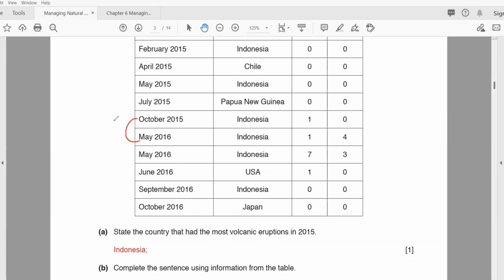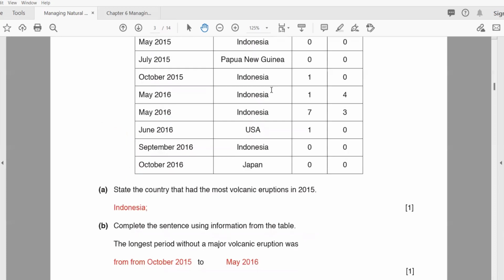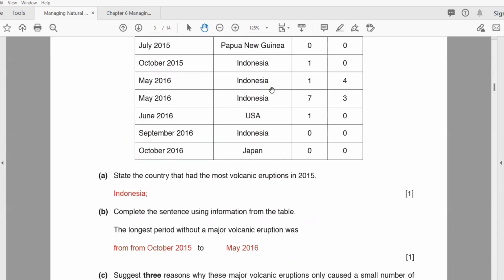So from here it will be October, November, December, January, February, March, April, May, almost 9 months. Got it? In others, you will not find that much of a difference.